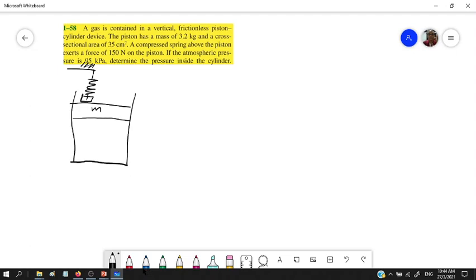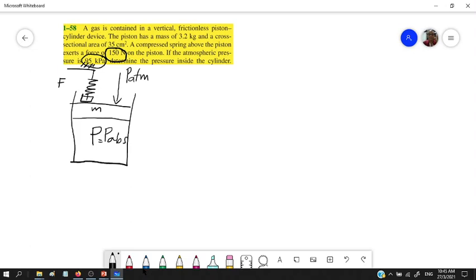The spring is giving a force of 150 Newton, and we have the P atmospheric exerted on the top of the piston as 95 kPa. Then we have the gas pressure inside here as P, which is equivalent to the P absolute of the gas inside. So this is what has been described by this question.